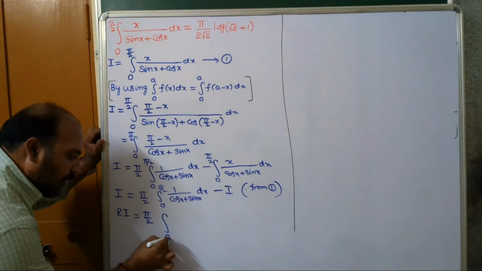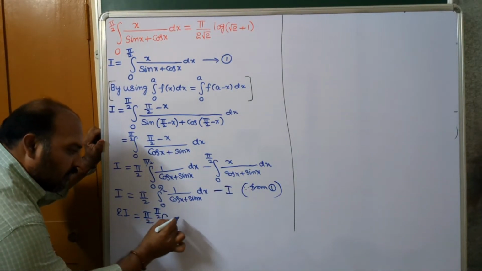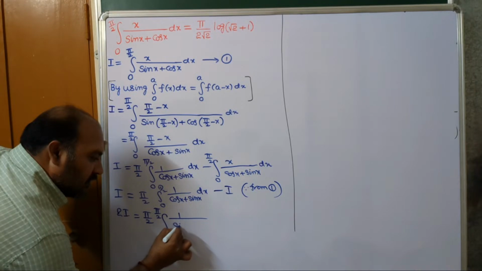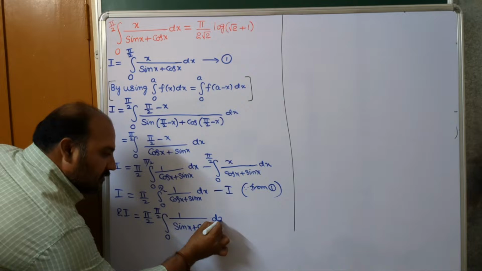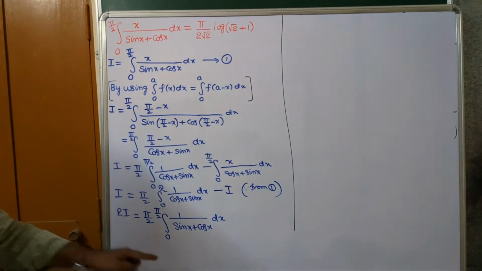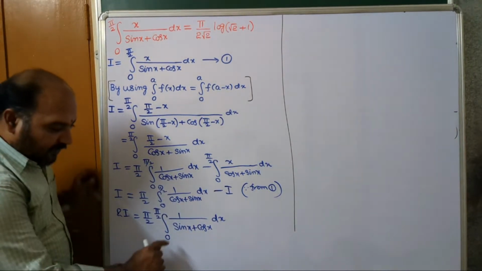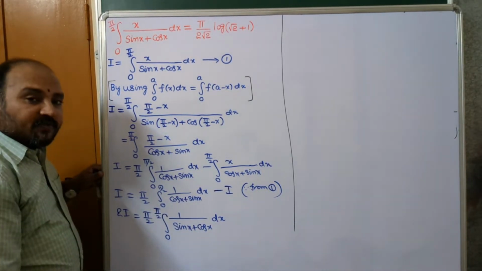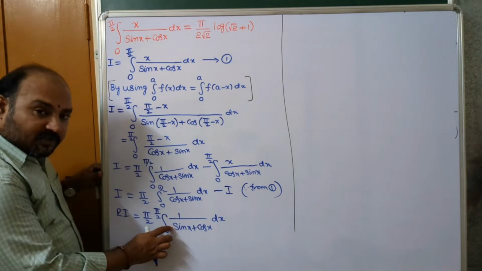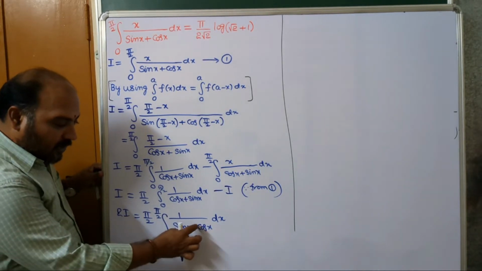Integral 0 to pi by 2, 1 by (sin x plus cos x) into dx. From here, turn it step by step, dear students. Whenever a cos x plus b sin x form is there, divide and multiply by root of a square plus b square. Here a value 1, b value 1.